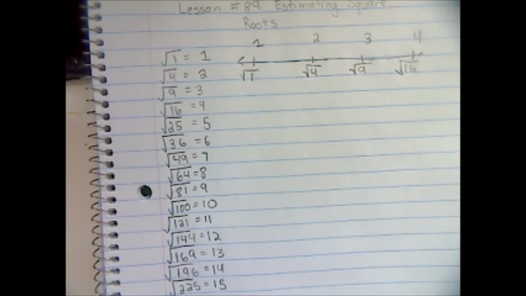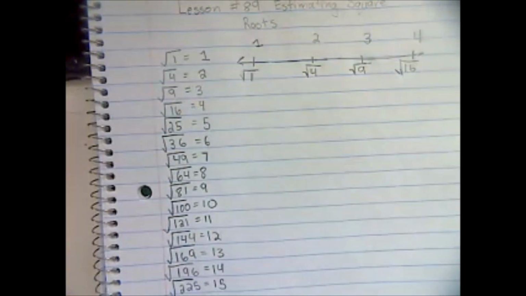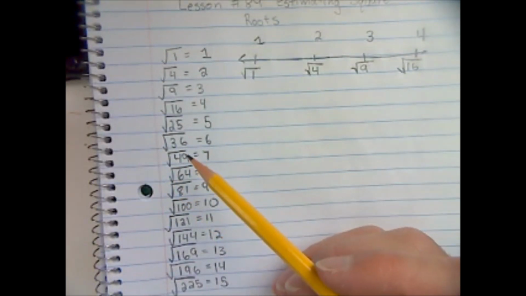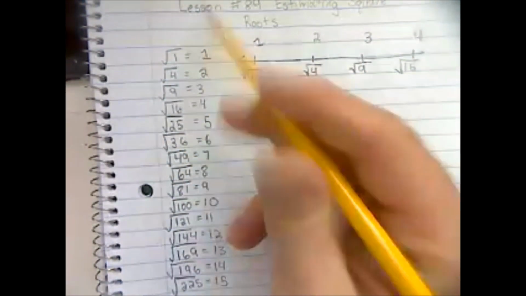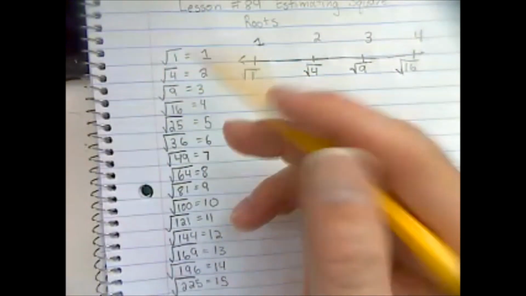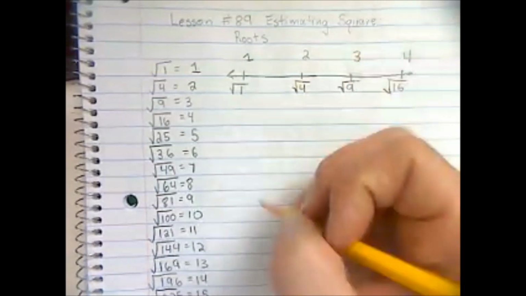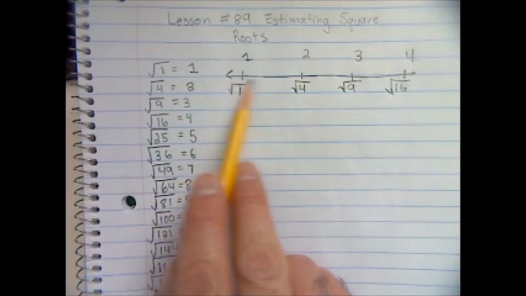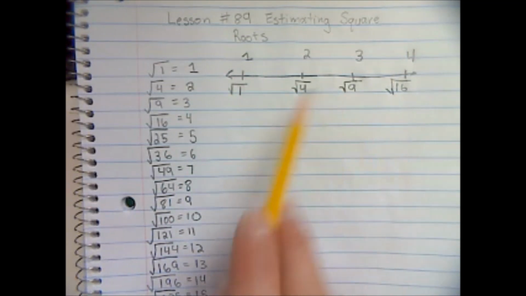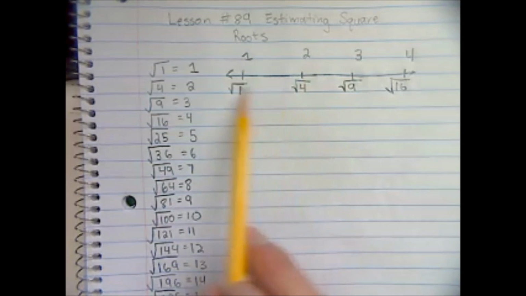Now, notice I had square root of 1, square root of 4. But what about square root of 2 and square root of 3? Where would those be? They're not on here. We don't know what those are. Well, we're going to learn to estimate the square root of those numbers. So if I say square root of 3, let's just look at these radicals here on the bottom of this number line.